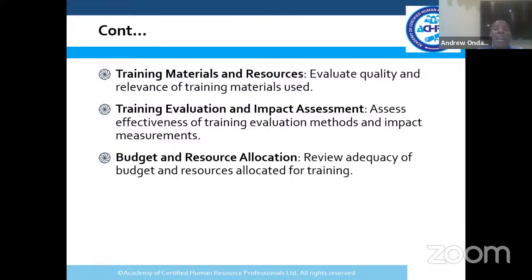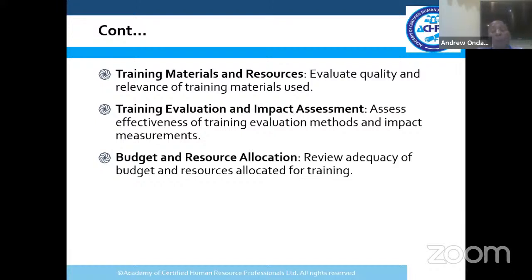Was it adequate? And if it's an off-the-job training where people are being trained from a hotel, for example, they will assess the food. Was the food okay to support training? So when you assess the reactions, we are looking at all those areas which can affect training effectiveness.